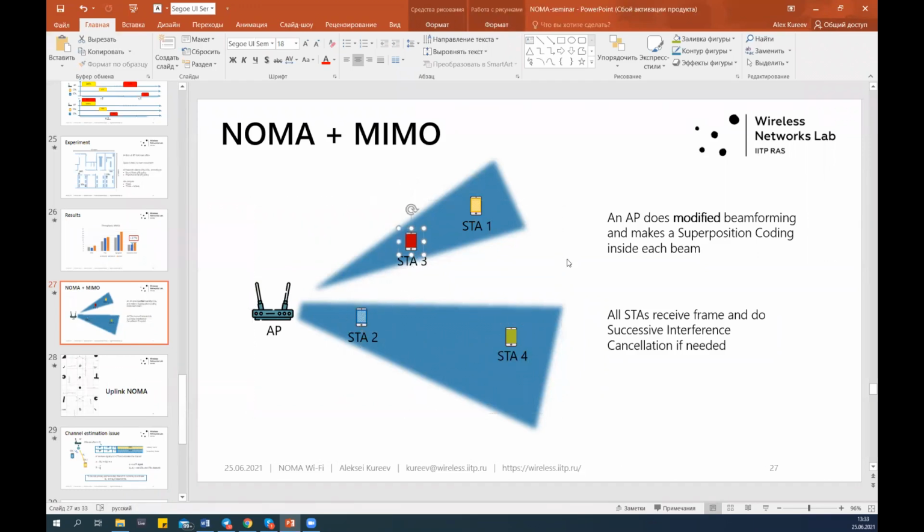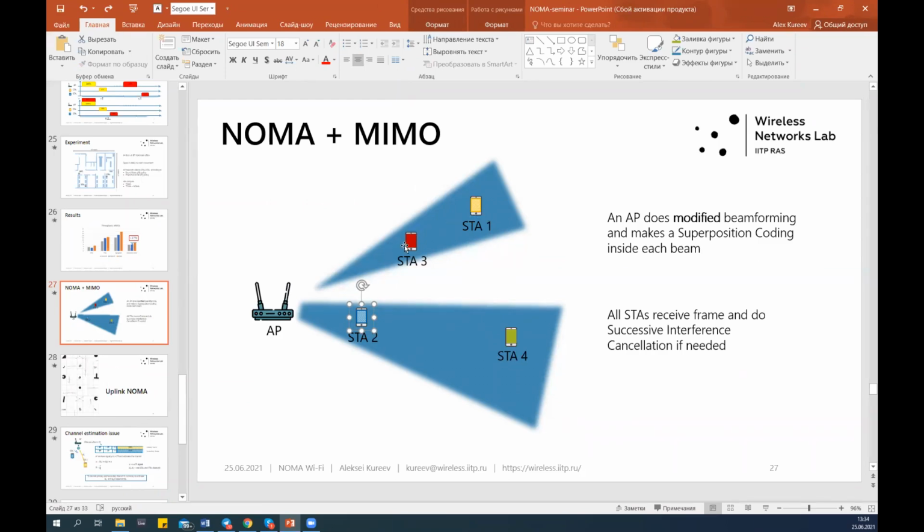Or you can use MIMO and transmit data for multiple devices at the same time. For example, we construct two streams and transmit data only to STA3 and STA2. In this case, you divide the transmission in time. We transmit data first to STA3 and STA2, and then to STA1 and STA4 in common MIMO.